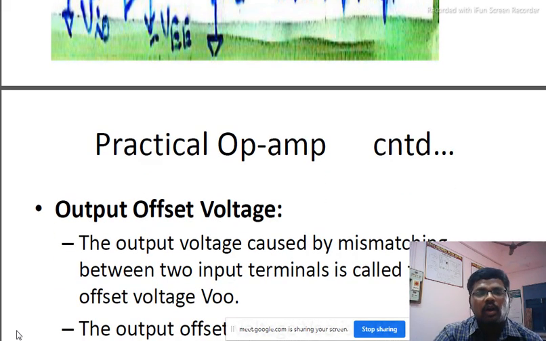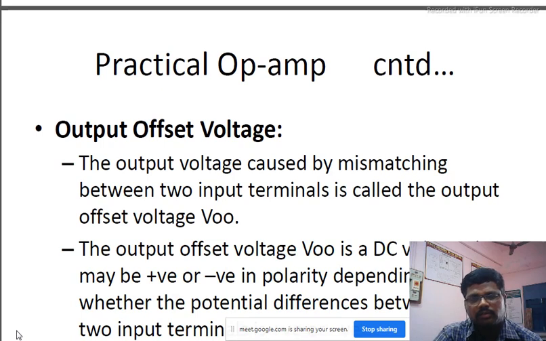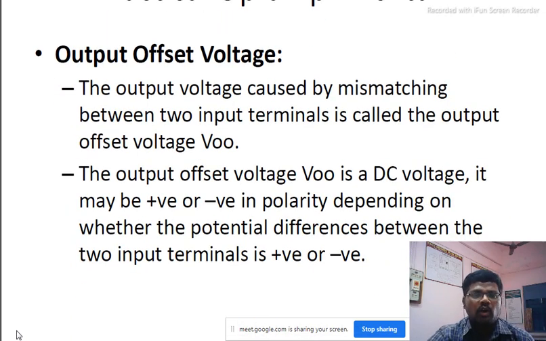Okay, next, output offset voltage. The output voltage caused by mismatching between the two input terminals is called the output offset voltage. For input offset voltage, there is no external input.